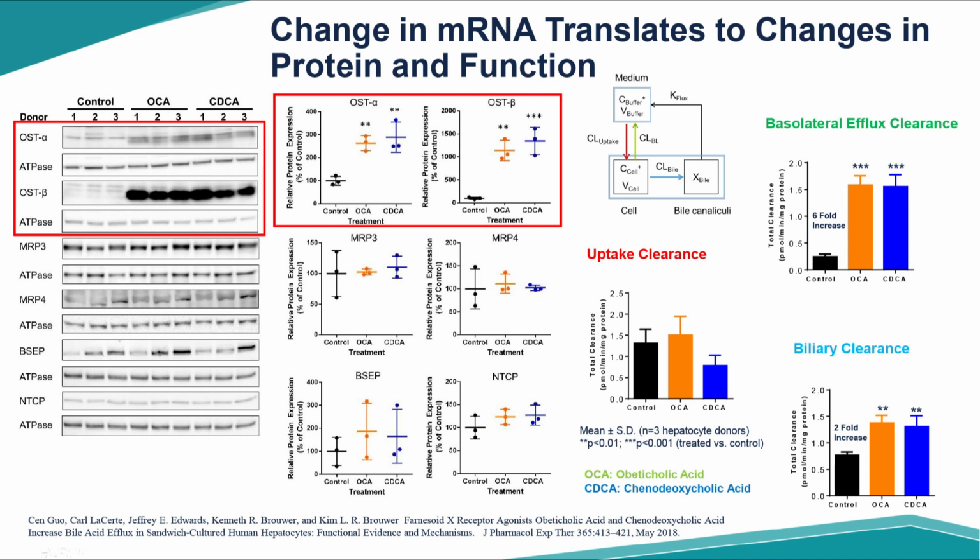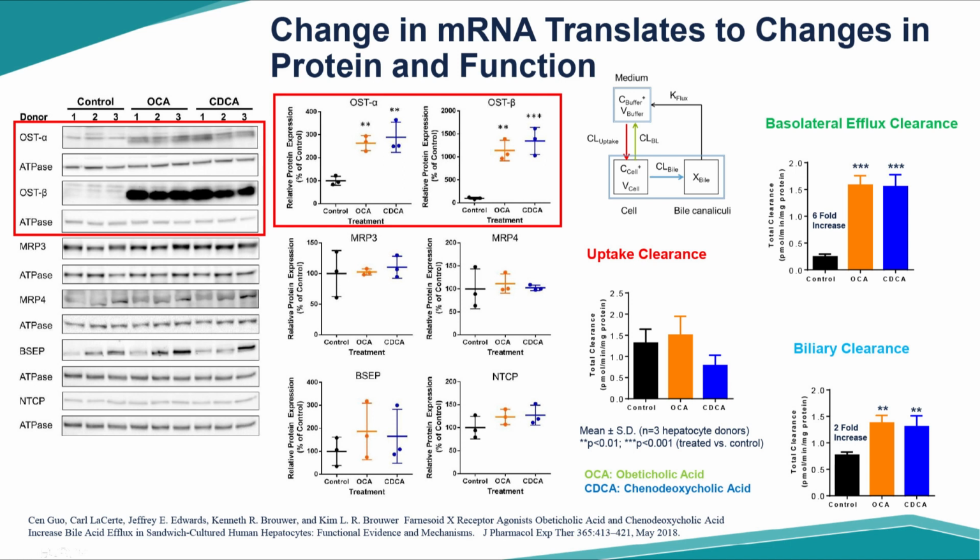We then went on in this publication with Jeffrey Edwards, who was at Intercept at the time, and Sen Guo, who was a graduate student at UNC School of Pharmacy, who did some molecular modeling, and were able to show that when we treated with CDCA, we increased the basolateral efflux clearance by about 6-fold with treatment of these bile acids.